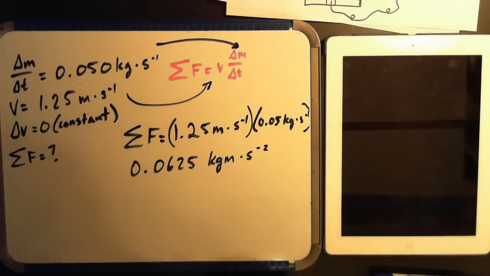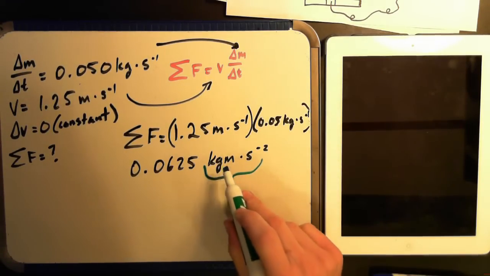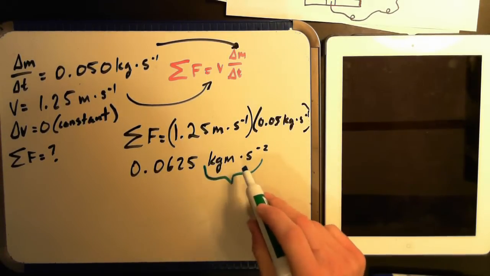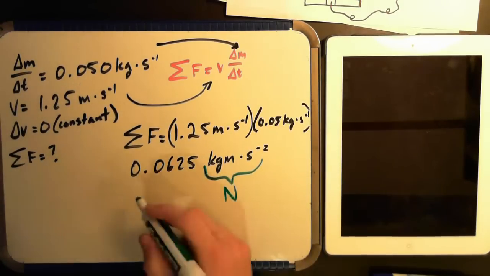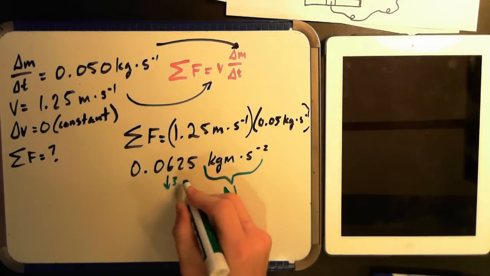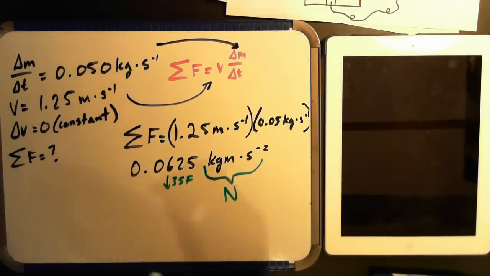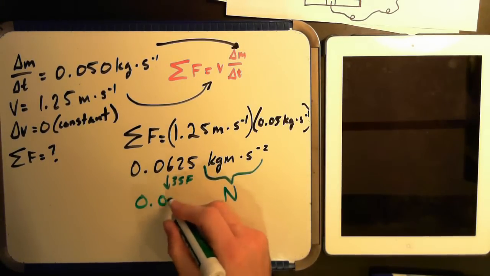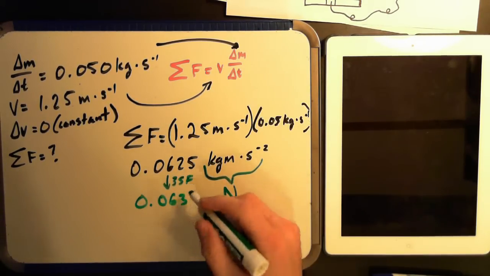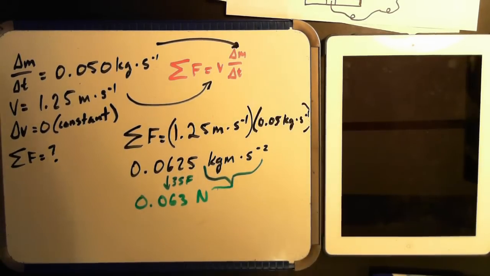And as you guys probably know, a kilogram times a meter divided by a second squared, that is the definition of a Newton. And since we're working in 3 sig figs here, because that is our lowest number, 1.25 is the restrictor, we can say that 0.063 newtons is our answer.